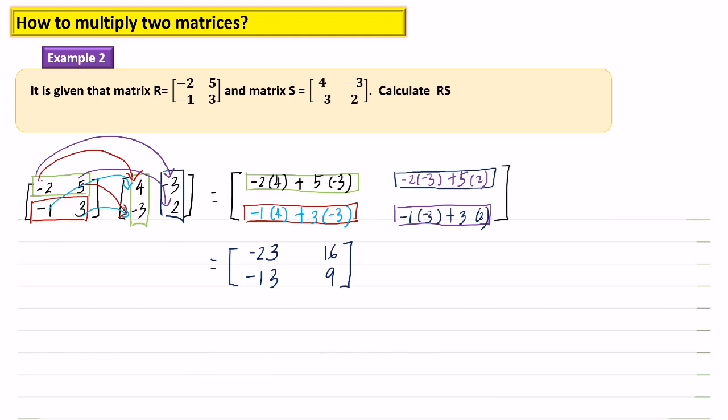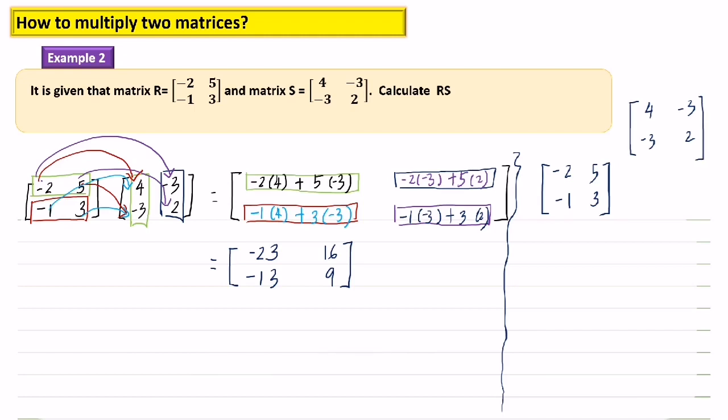If you don't know how to do method 1, we have another method. It's like this. First matrix: negative 2, 5, negative 1, 3. And the second matrix, you write slightly above there: 4, negative 3, negative 3, 2.